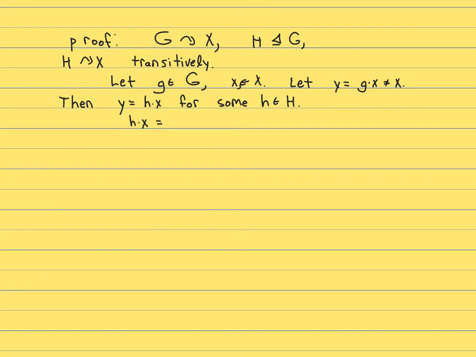So you got h times x is equal to g times x. In some sense, the point is every action by G is duplicated by an action by H. And what does this imply? It implies that g inverse h x is equal to x, which means that g inverse h is in the stabilizer of x.